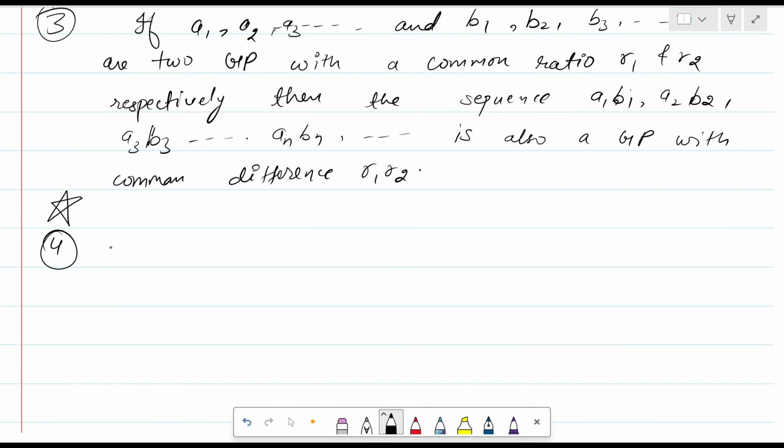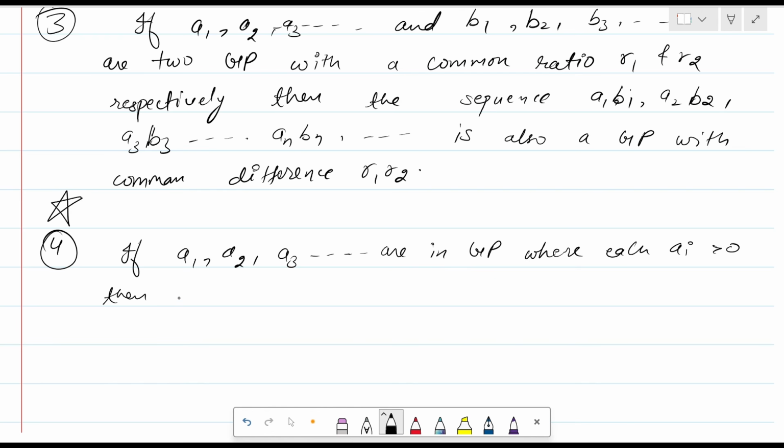If A1, A2, A3 are in GP, where each Ai is greater than 0, then ln A1, ln A2, ln A3 are in, can anyone guess this?